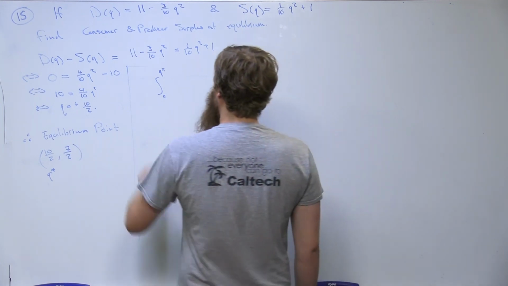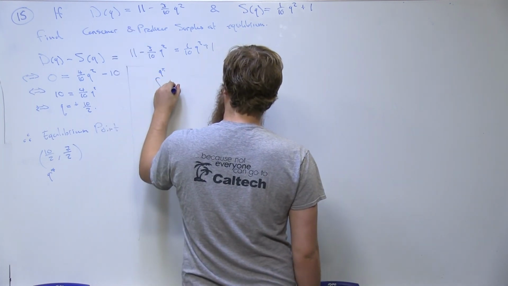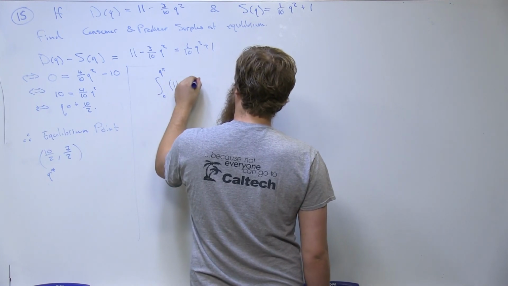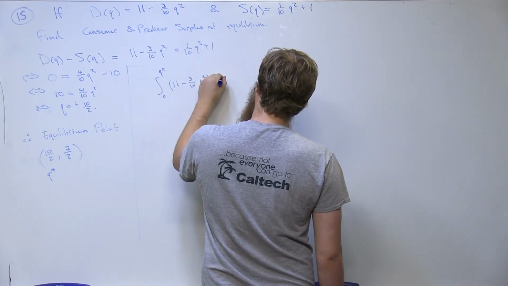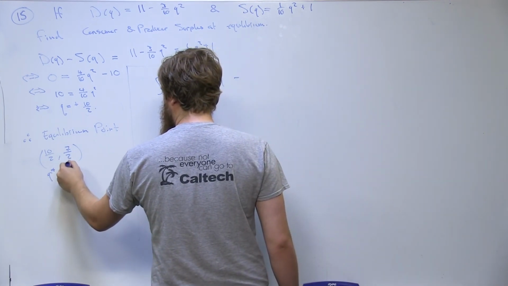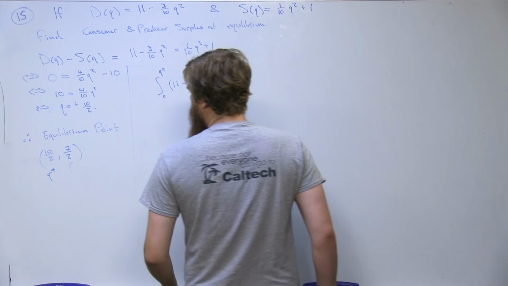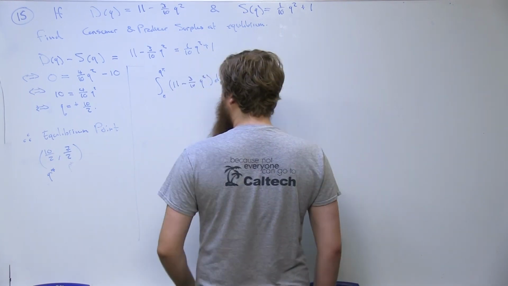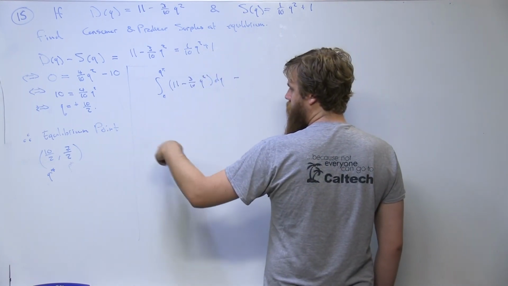So d of q is this. Integrate dq, and then we'll subtract off the product of these two. This is sometimes also called p star. Okay? So that is 70/4.